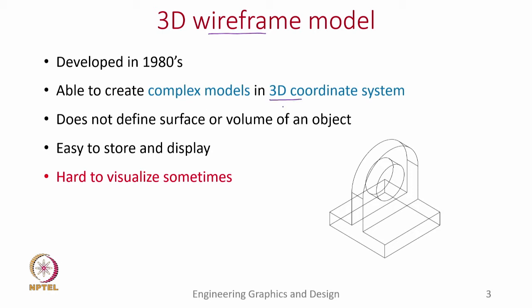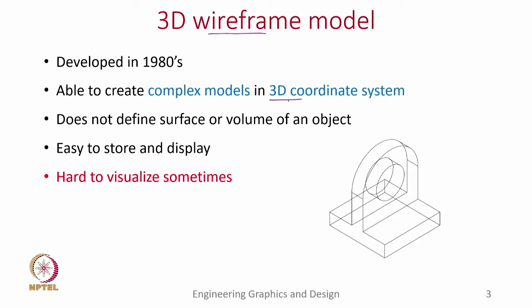Because you are now defining in the 3D coordinate system, for example, if I define a straight line, I can generate different views of this straight line using geometric transformations. The database the computer saves is probably the endpoints of this straight line. Since it knows the endpoints, it can give you the front view, the top view or the isometric view.